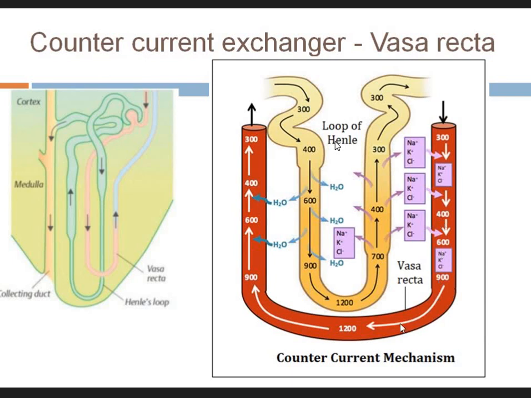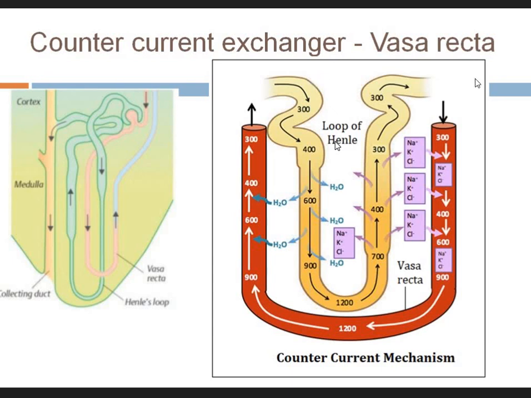And as the blood passes in the vasa recta and goes in this portion, since water is being diffused from the descending limb, this water is going to diffuse inside the vessels. More water is going to diffuse here, and solutes are less, so solutes will move out from this portion of the vasa recta. So what is it doing? It is exchanging the solutes, it is exchanging the water, right?